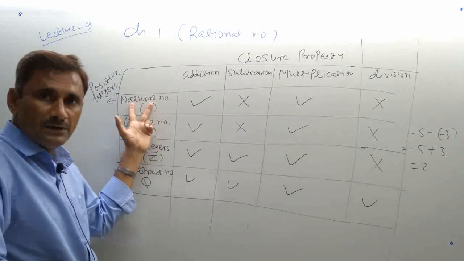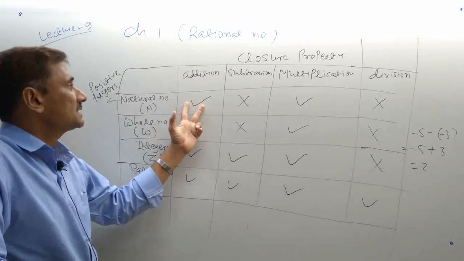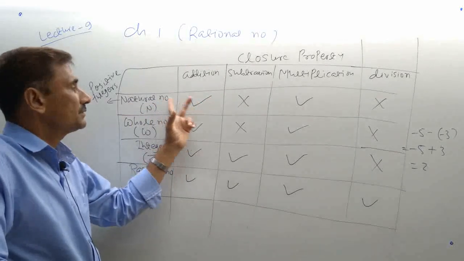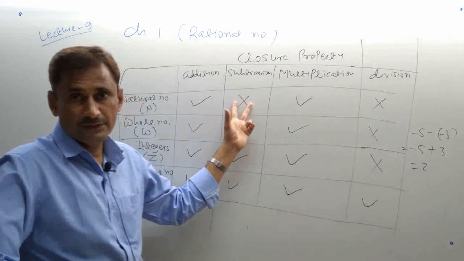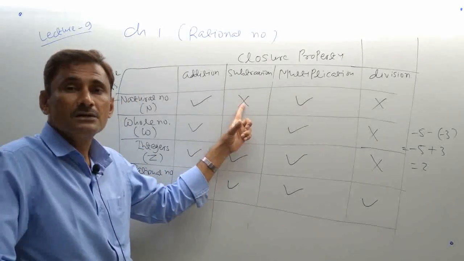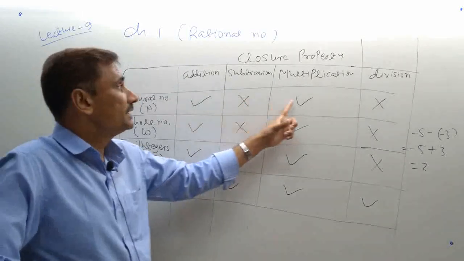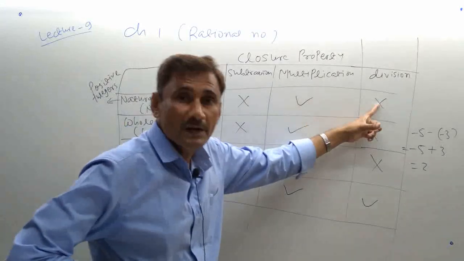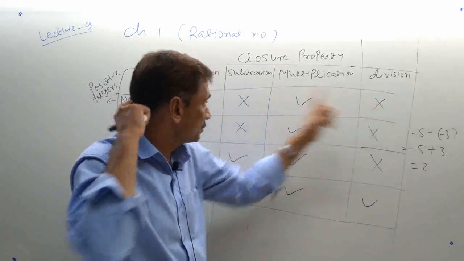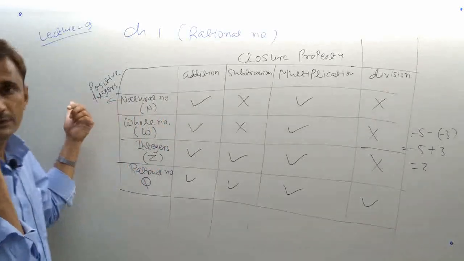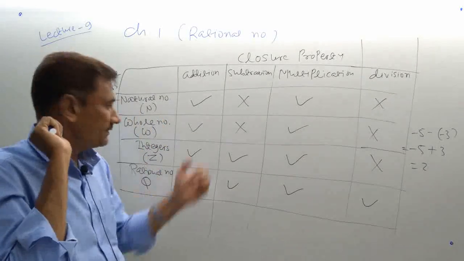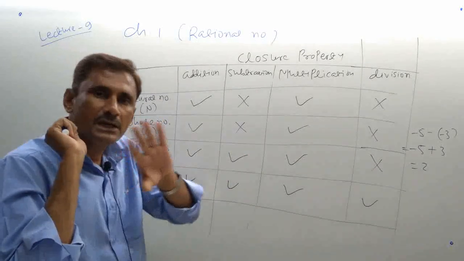Suppose 3 and 5, then addition 3 plus 5 is 8, so it is in this set only. But 3 minus 5 is -2, not in this set, so I make a cross here. 3 fives are 15, 3 divided by 5 is 0.6, so not in this set, because here there are only positive integers.